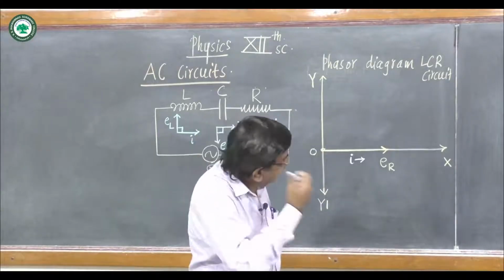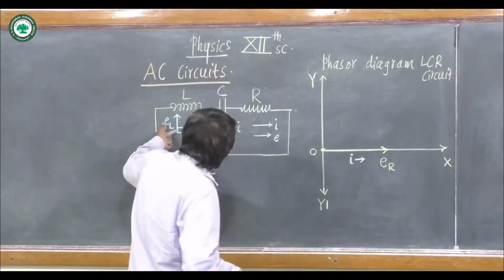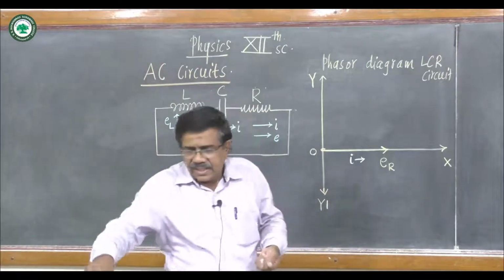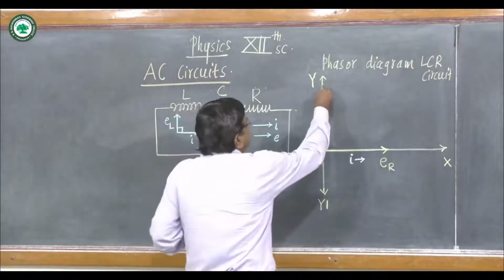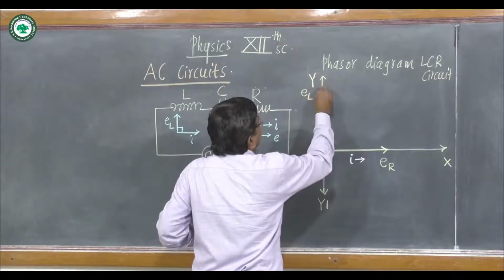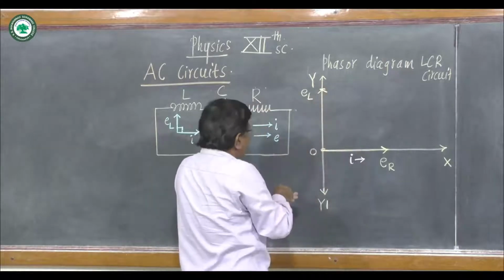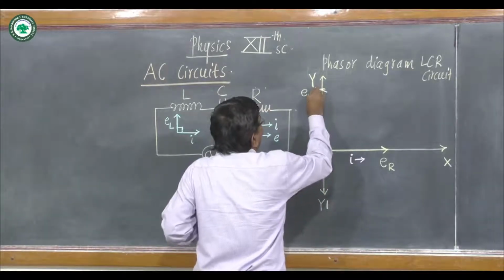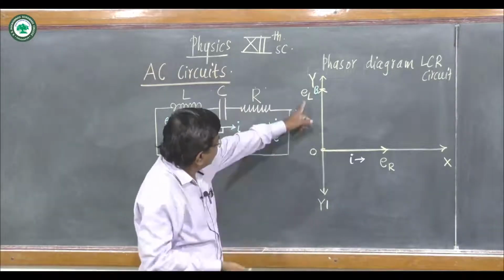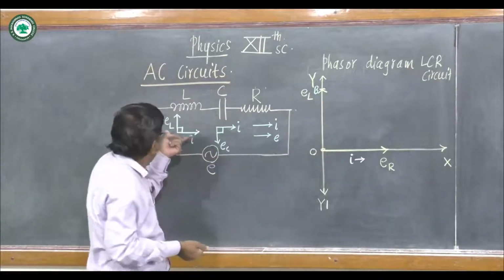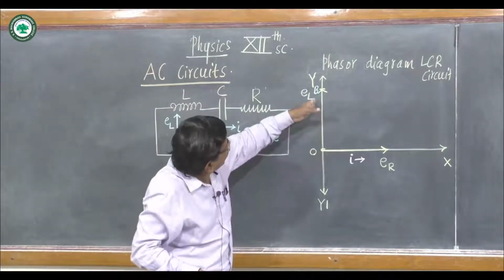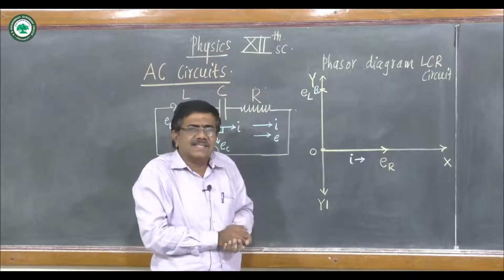In case of inductor, EMF leads the current by pi by 2. Hence, here suppose this is the point B, and it represents EL. EMF leads the current by pi by 2 in case of inductor. So this EL is along positive Y axis.